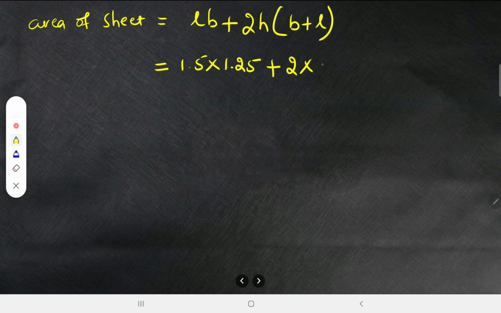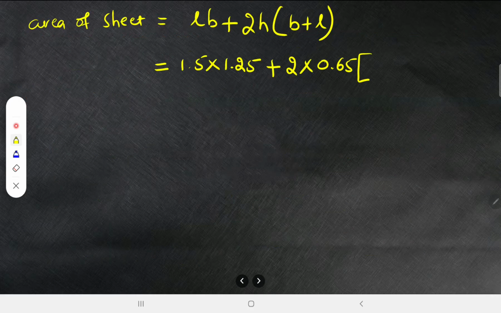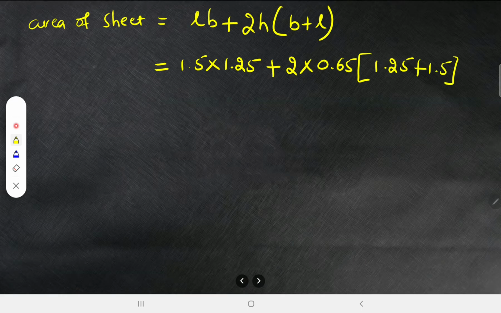We can make a note of 0.65. Open the bracket. B plus L, what is B plus L? That is 1.25 plus 1.5. Just add all of this and do the calculation.